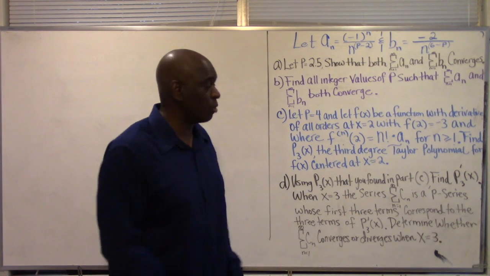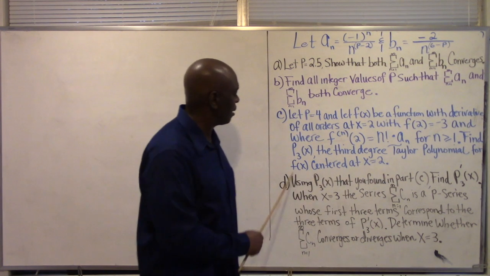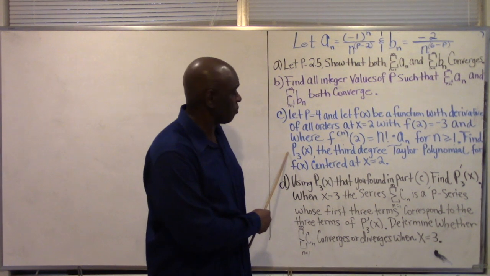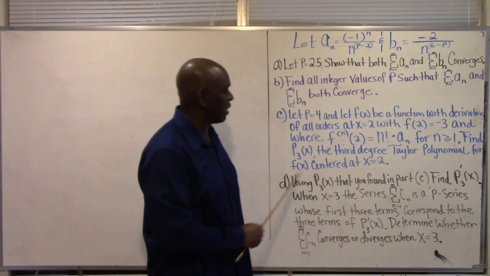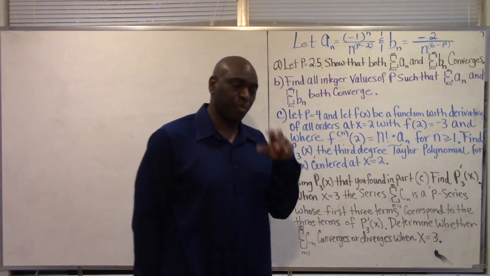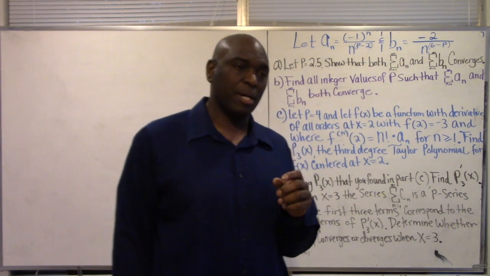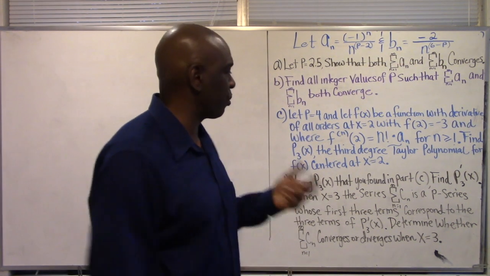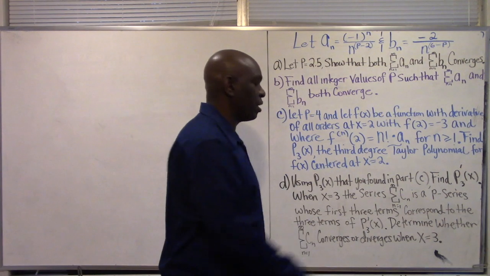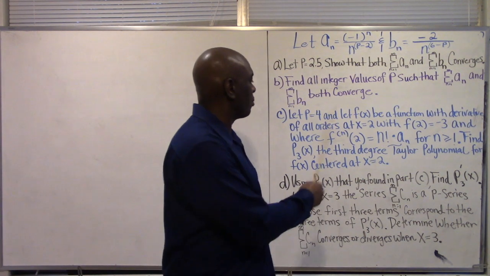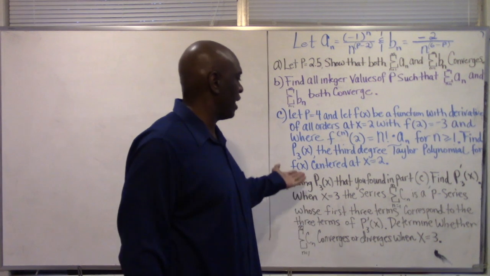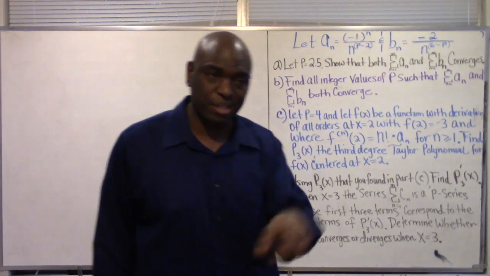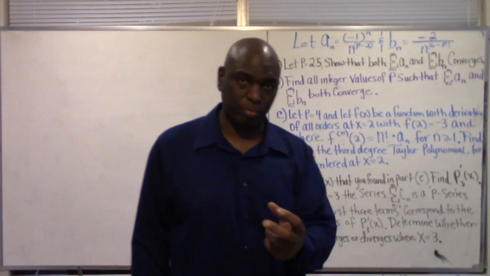But what are we asked to do? Find the third degree Taylor polynomial for f of x centered at x equals 2. So for part C, we're asked to find the third degree, or third order, you can say order or degree, Taylor polynomial for f of x, which is going to be centered at x equals 2.